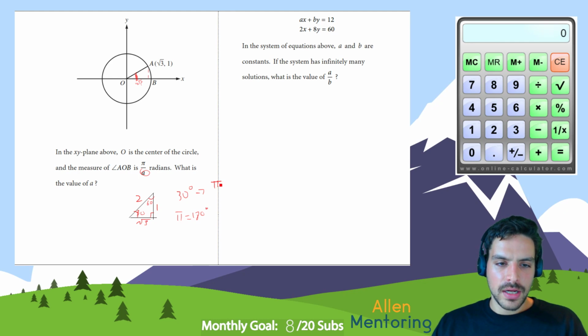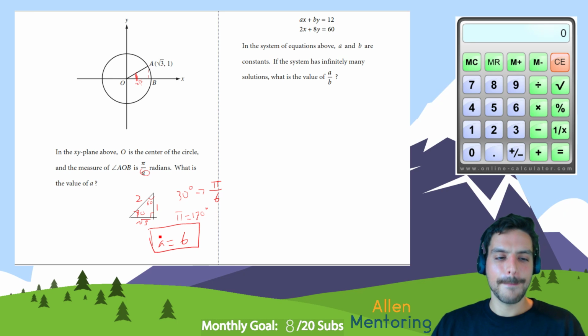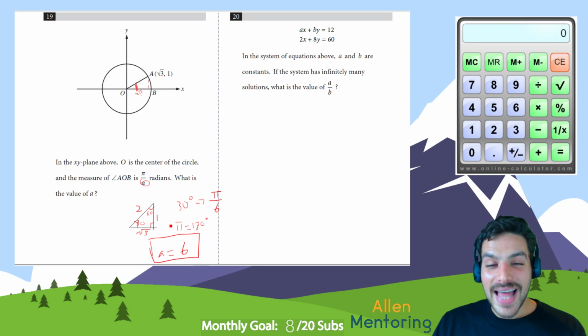So pi over what will get you to 30? 180 degrees divided by what will get you to 30? And we know 180 divided by 6 is going to get you 30 degrees. So 30 degrees written as radians is pi divided by 6. And so a is equal to 6 for this problem. Boom, boom, boom.